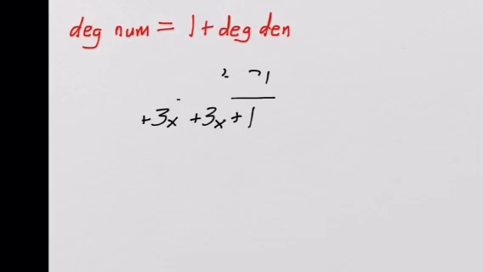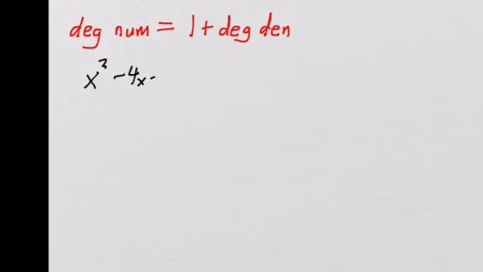But as far as finding them, we're primarily going to restrict ourselves to finding a slant asymptote for rational functions such that the numerator is of degree 2 and the denominator is of degree 1. So we're going to find the slant asymptote of x squared minus 4x minus 5 over x minus 3.